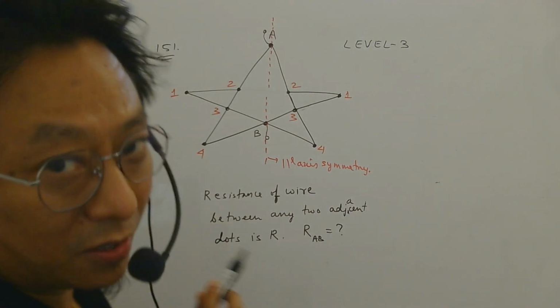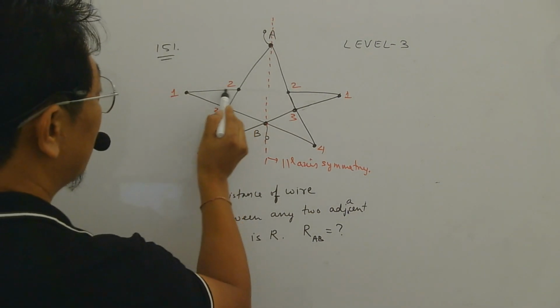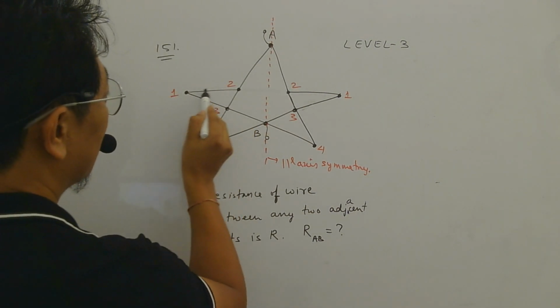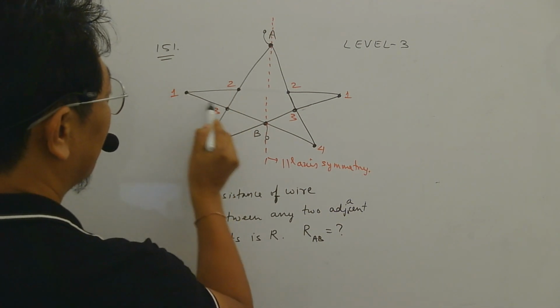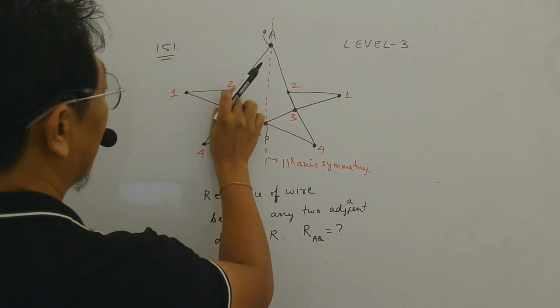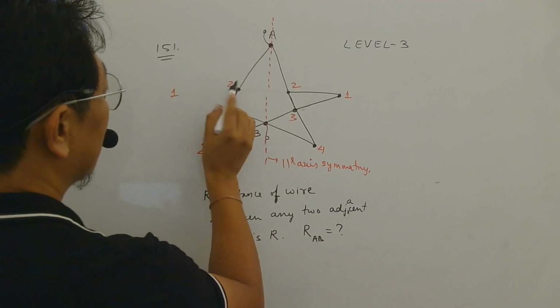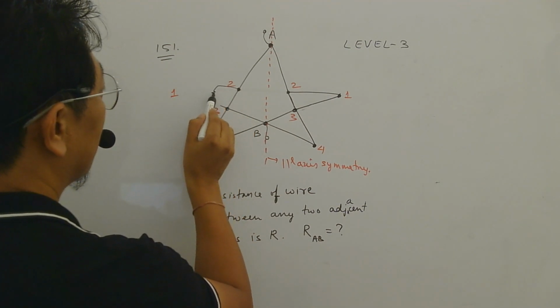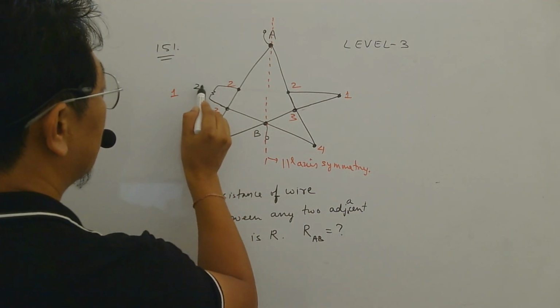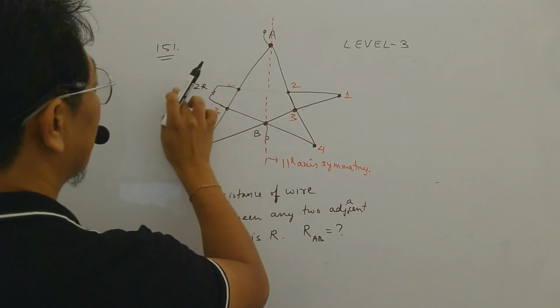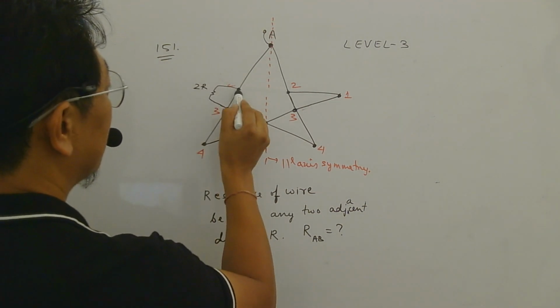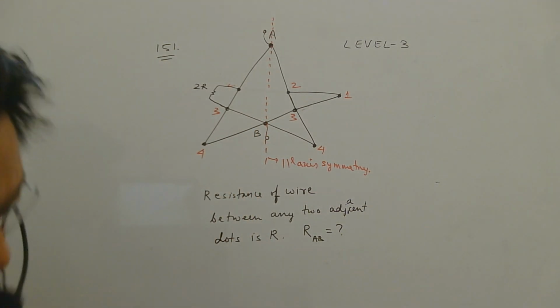Now, once that is done, you can see these two resistors are in series because there is no junction to divide. So this R and this R will give you a single wire of resistance 2R, right? This is your point number 2, remember.